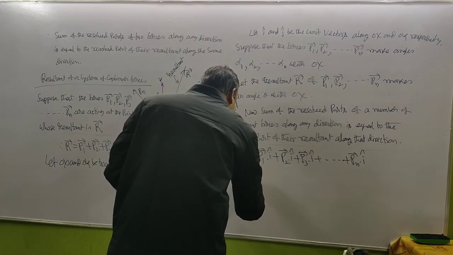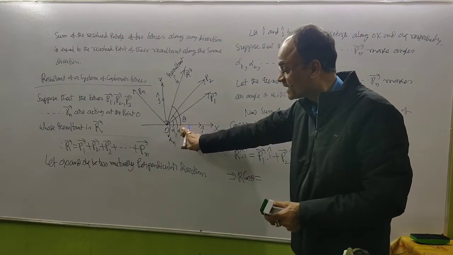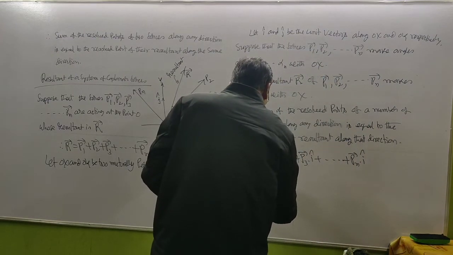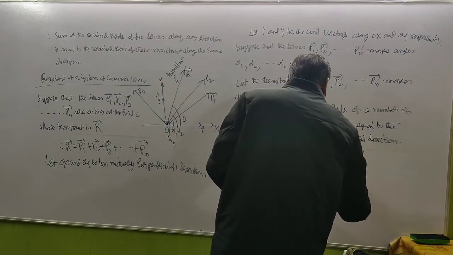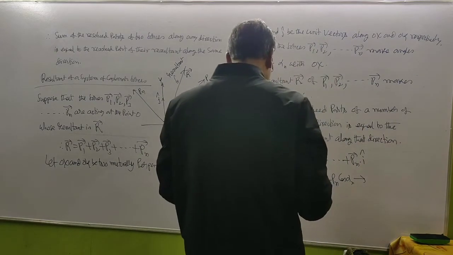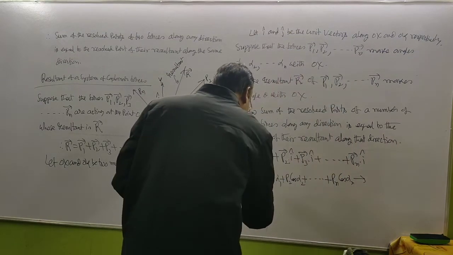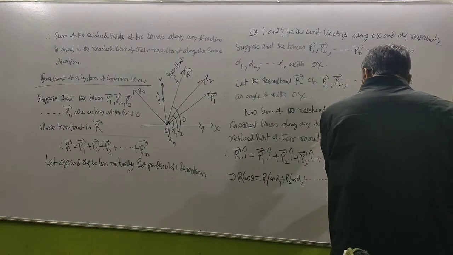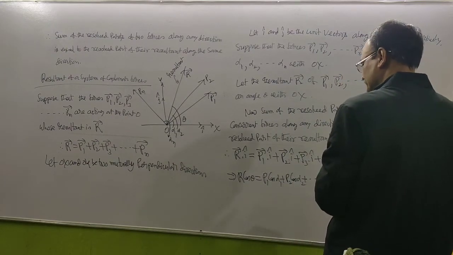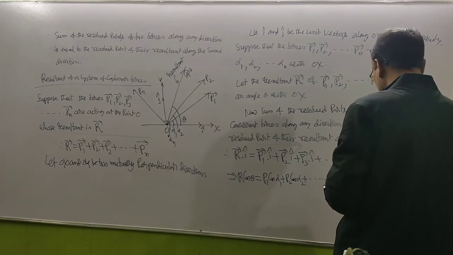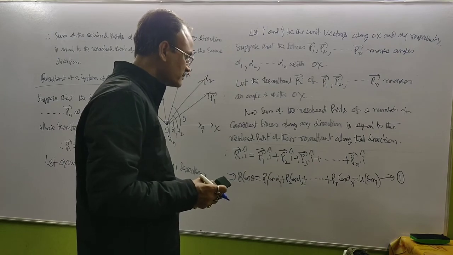This means R cos theta, since R vector makes an angle theta with OX, equals P1 cos alpha 1 plus P2 cos alpha 2 plus up to Pn cos alpha n, equal to U. Suppose this is number 1.